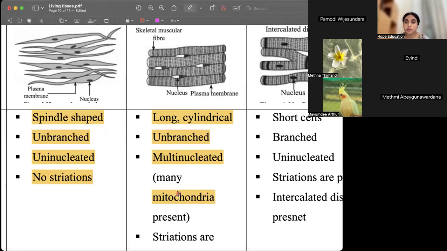Hand muscles like bicep, tricep, other muscles you control. The muscles needed for big activities are made of skeletal muscle tissues. Therefore they need a lot of energy. That's why there's a lot of mitochondria. In addition to that, there's a lot of nuclei, so we call it multinucleated.